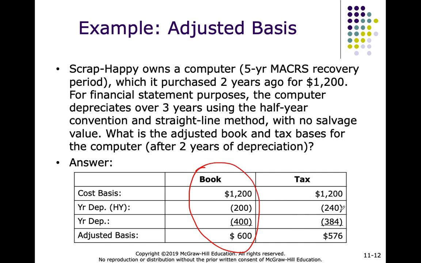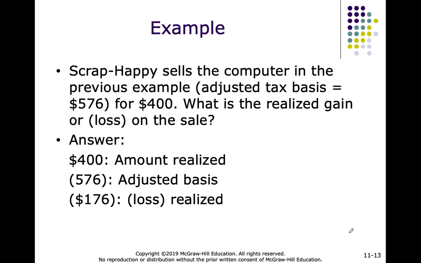For tax purposes, we have to use MACRS 5-year property. So our first year will be multiplied by 20% and so on. So we have differences between book and tax, so those are noticeable. We can see that the adjusted basis is different for book and tax. Now, of course, we're looking at tax, so that's what we're concerned about right now.